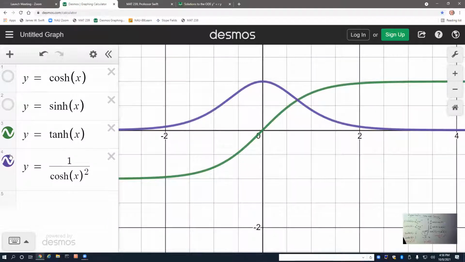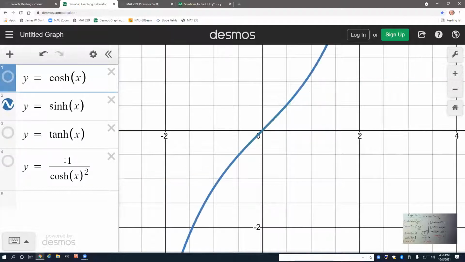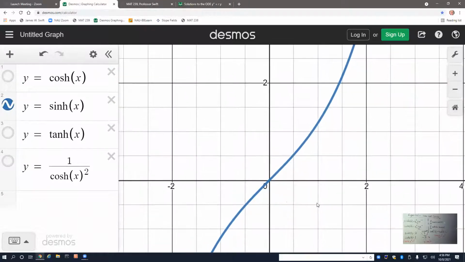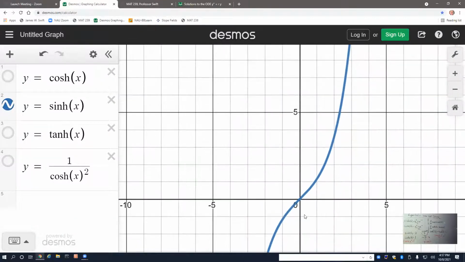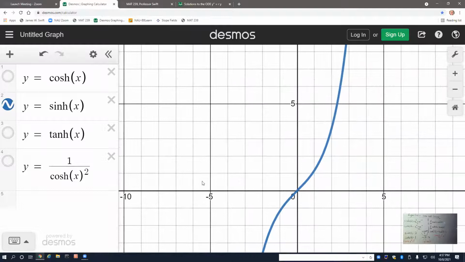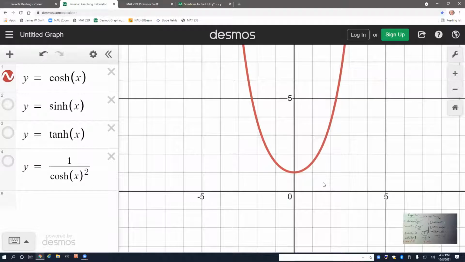So here we have hyperbolic sine of x. It grows really quickly. Here we've got hyperbolic cosine of x. And this is the same shape that you get if you have a hanging string or a hanging chain under its own weight.